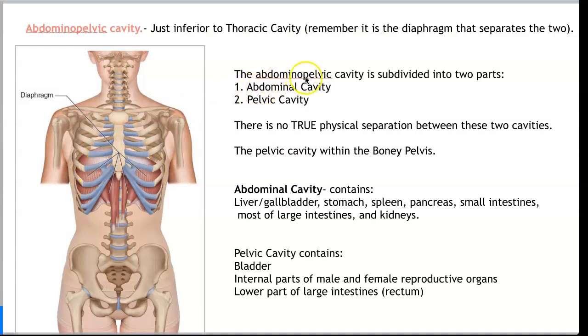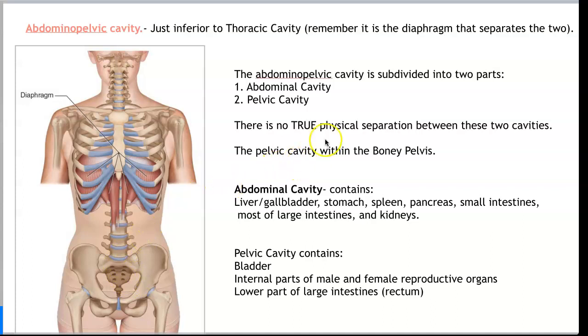The abdominal pelvic cavity is separated into two parts. The superior cavity is called the abdominal cavity. That is going to be this part just inferior to the diaphragm. And then the pelvic cavity, which is deep within the bony pelvis. This is the pelvis here.